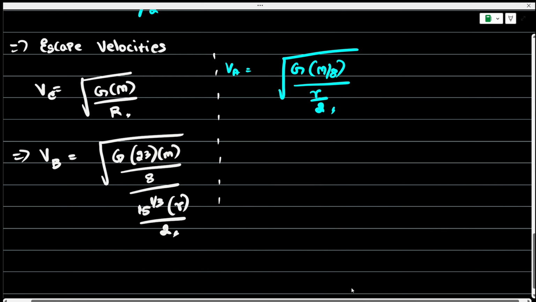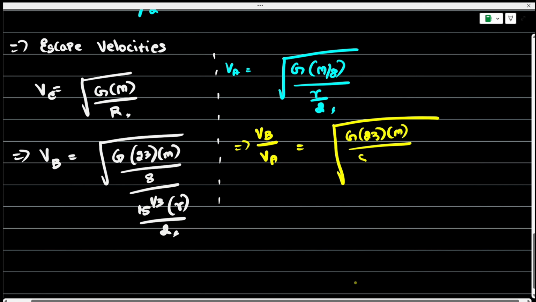Now the question asks for the ratio VB by VA, which is equal to the square root of, let's take a big root, g into 23 into m divided by 8 into 15 to the power 1 by 3 into r by 2, divided by r by 2 into g into m by 8.